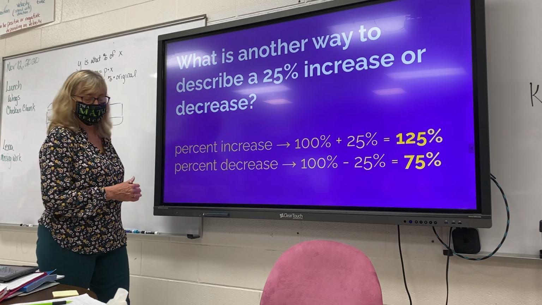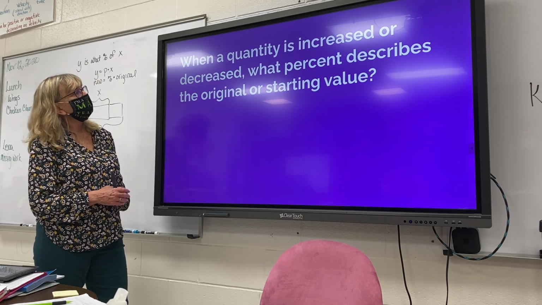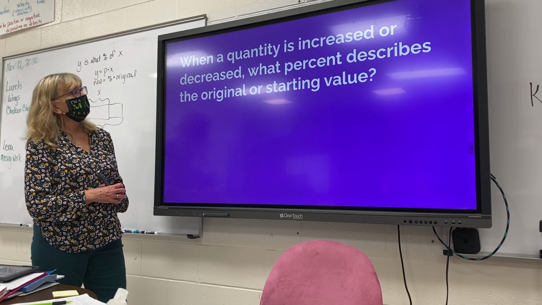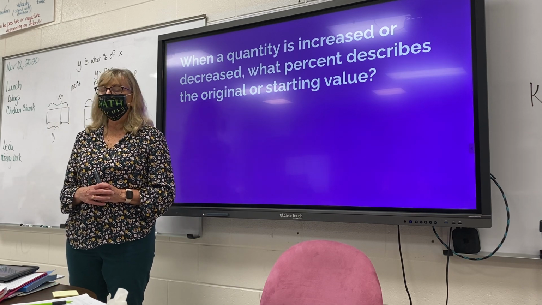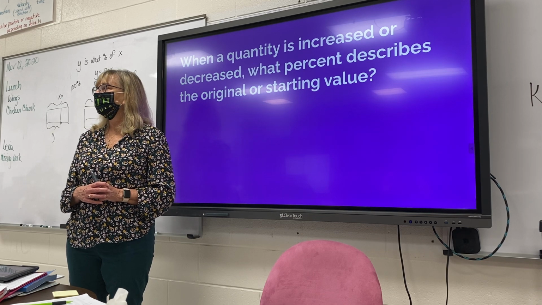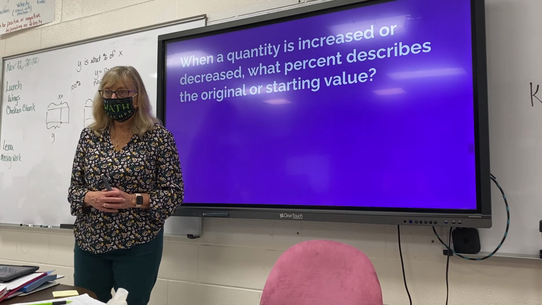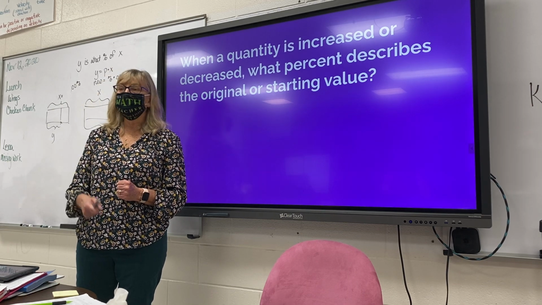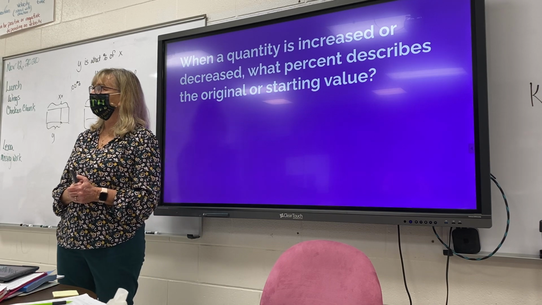Okay? All right. When a quantity is increased or decreased, what percent describes the original or starting value? The original is always what percent? 100%. X is always the original and it's always 100%. You probably want to write that down somewhere.